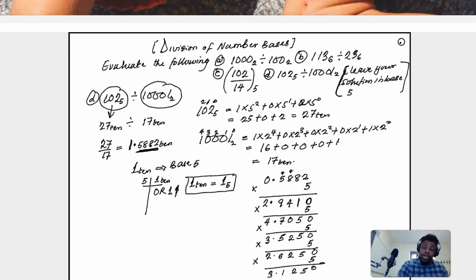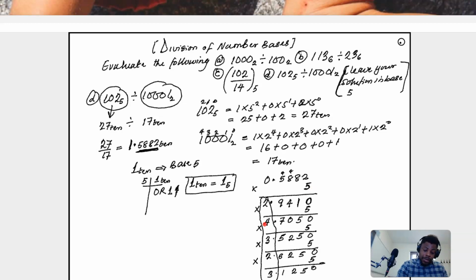But what you need to understand here is that as I continue to multiply, on base 5, the highest number you can get is 4. So I've gotten 4 here.